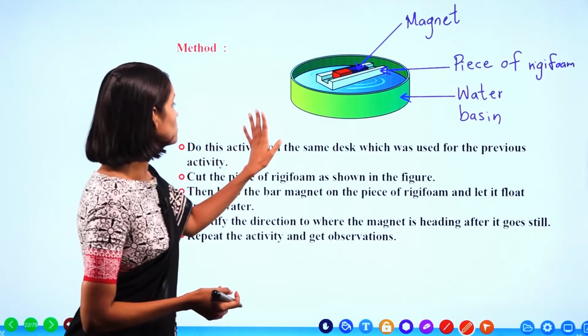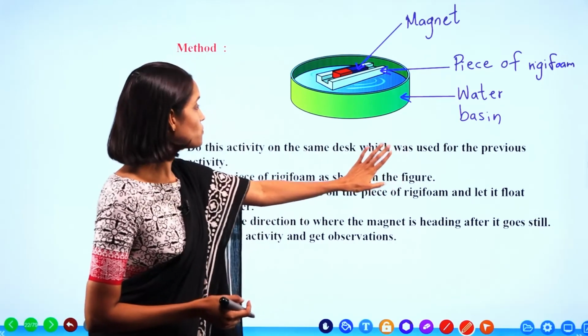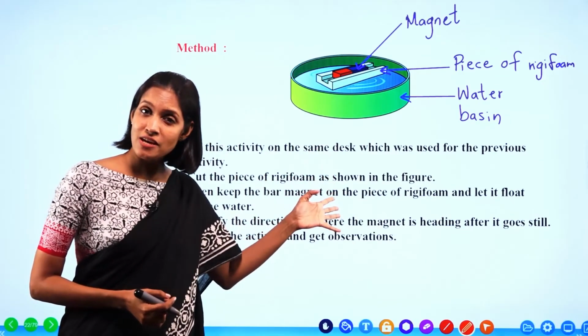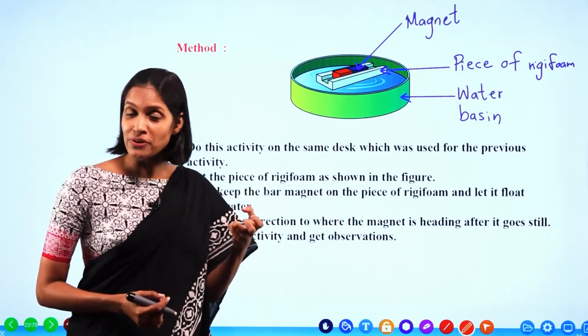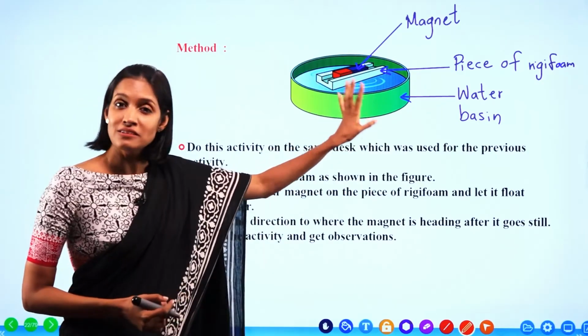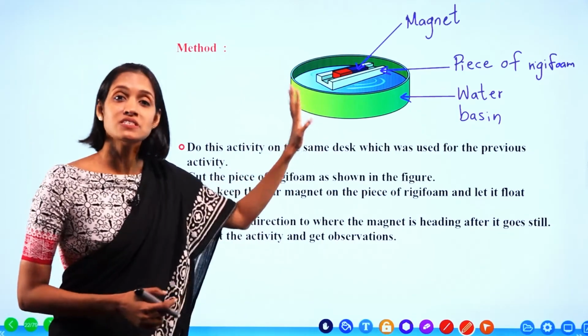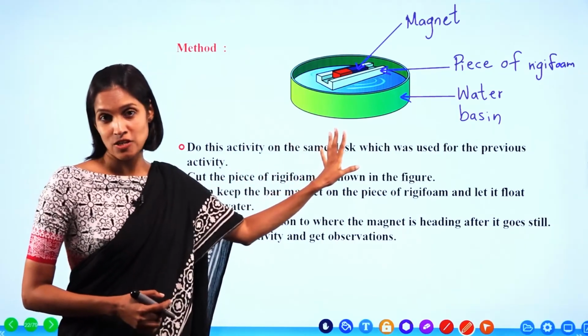Do this activity on the same desk which was used for the previous activity. Do you remember what we did with the previous activity? We first took the compass and we marked the north-south directions on the table. So we have to use the same place to do this activity as well, right?